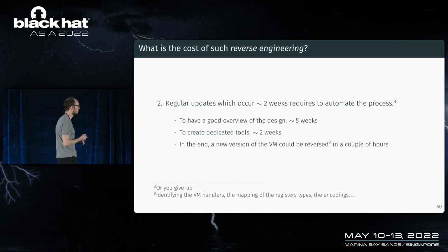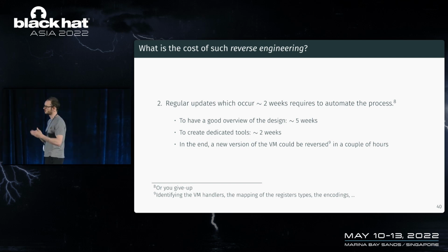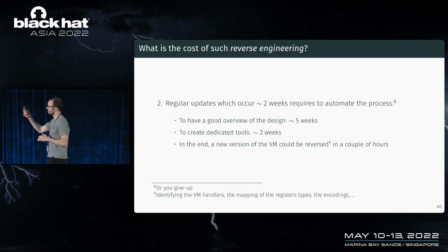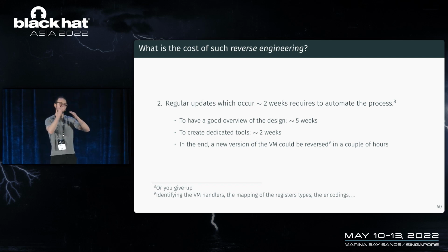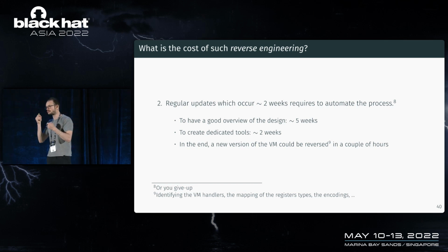So in terms of how many days, weeks, or months it takes, I did that in my spare time during weekends and quite early in the morning. But if I had to give a number of weeks, I would say that just to get an overview of the VM and to be able to play with the bytecode, it took me more or less 5 weeks.